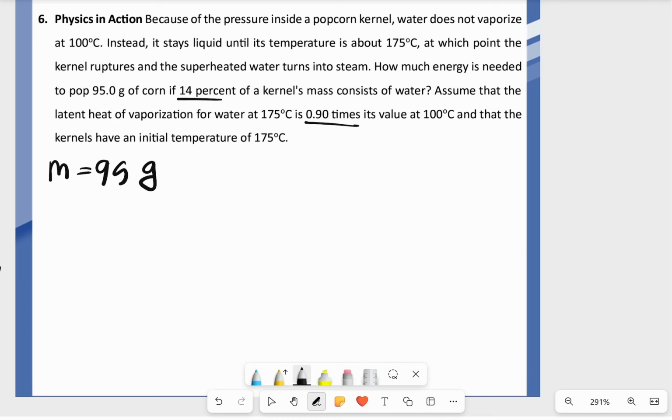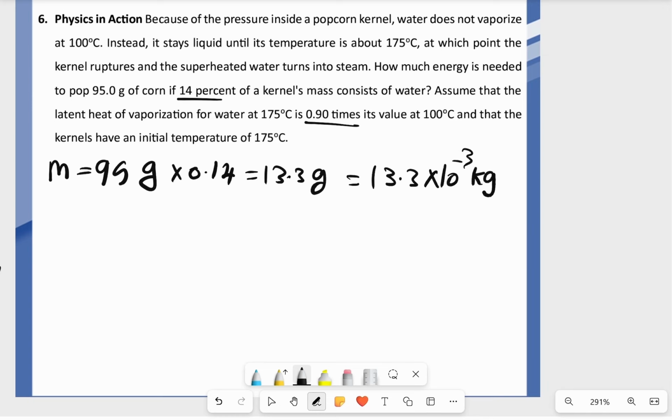Since not all of it is water, we're going to multiply the mass by 0.14. You get 13.3 grams. Change this to kilogram: 13.3 times 10 to the power of minus 3 kilogram.